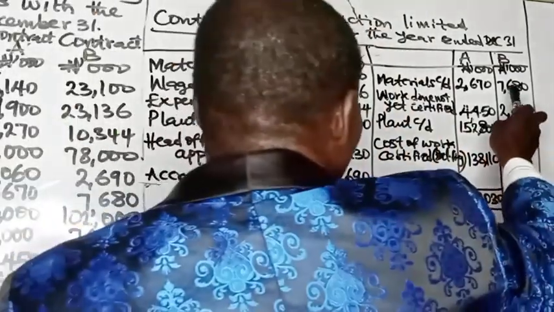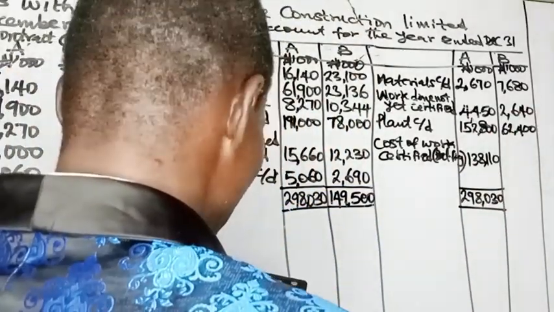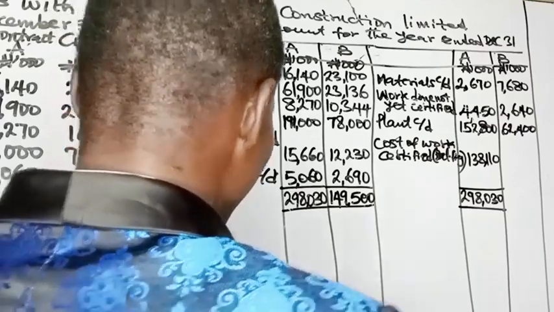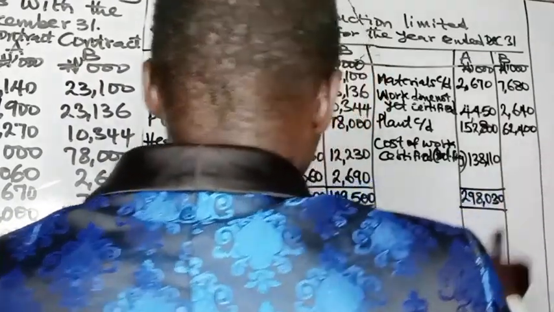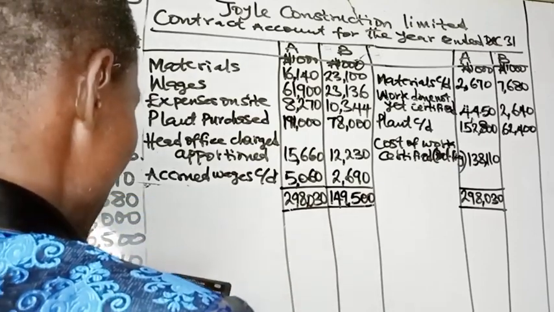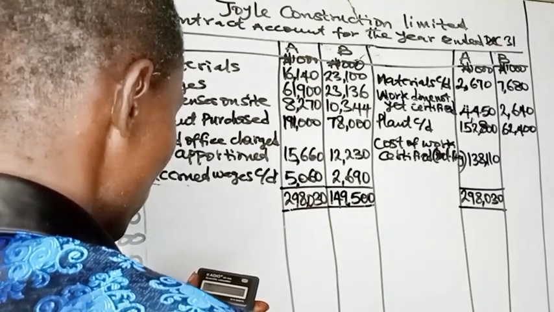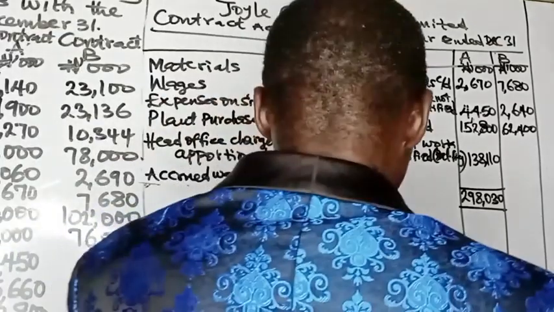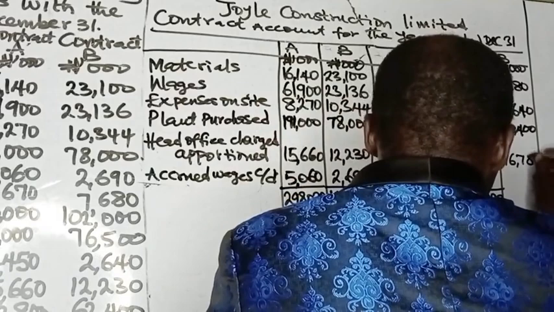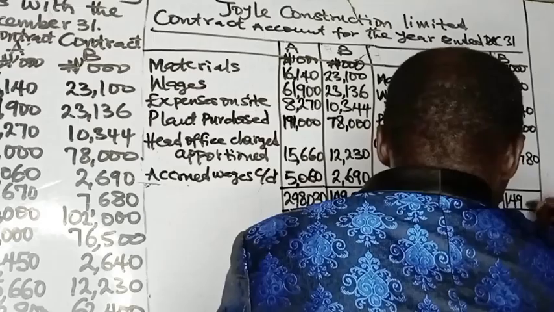Then for contract B, we have 7,680 plus 2,640 plus 62,400. The credit side is totaled 72,720. If you subtract it from the debit side of 149,500, then you have 76,780. The total is 149,500.